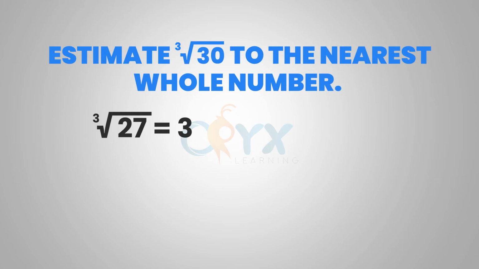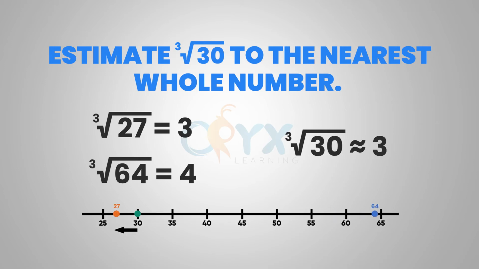Next, we want to find the smallest perfect cube greater than the given value. So the smallest perfect cube greater than 30 is 64. The cube root of 64 is 4. Comparing these on the number line, we can see that the cube root of 30 is closer to 27. Therefore, the cube root of 30 we will estimate to be approximately 3.